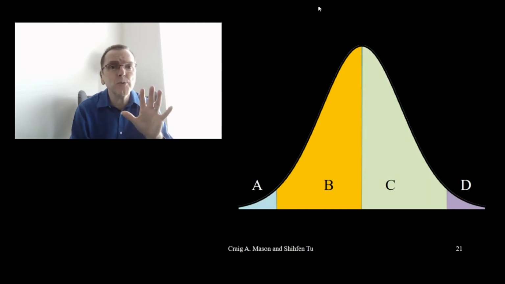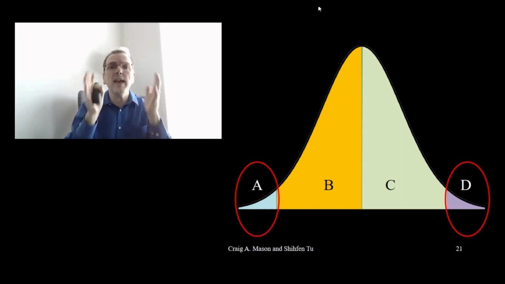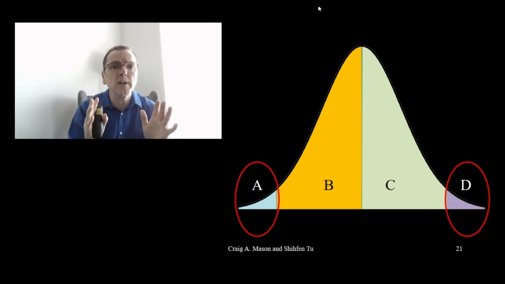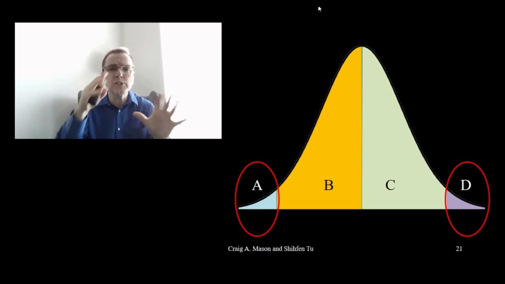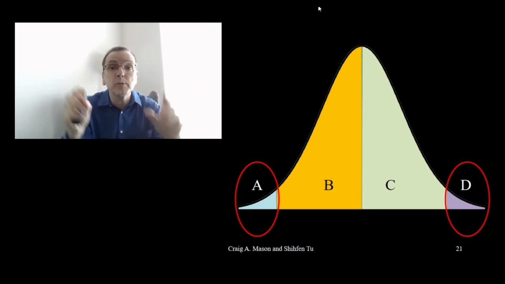Now, visually, this corresponds to the areas A and D in this figure, right? Now, ignoring the actual t-scores for a moment, we'll reject the null if the results lie in either of these extreme tails of the distribution. Now, I like visualizing the distribution and defining where my regions of rejection are.